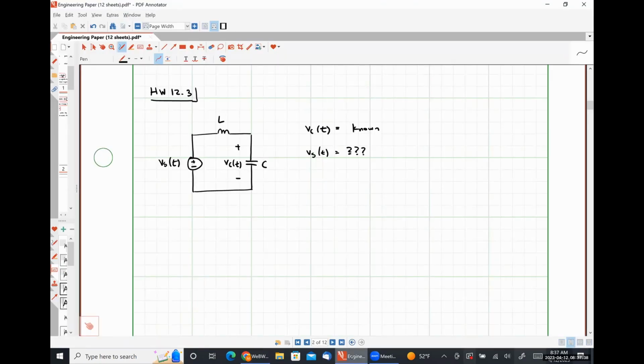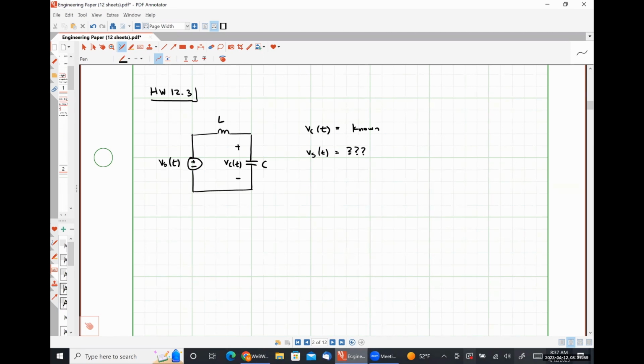That would make things too easy. So Vc of t is some time varying function. The expectation here is that Vs of t will also be some time varying function. We have to figure out what it is.